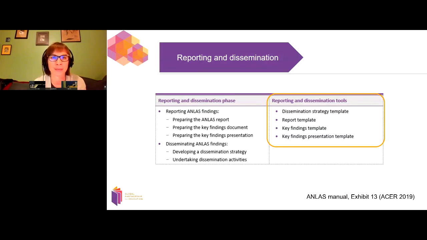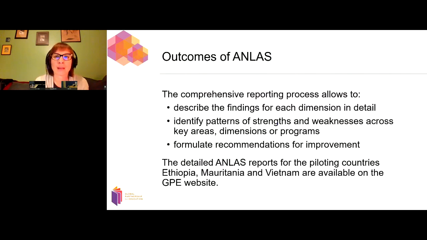Next, please. What are the outcomes of ANLAS? We will hear more about that in the next presentation from the Mauritania team.